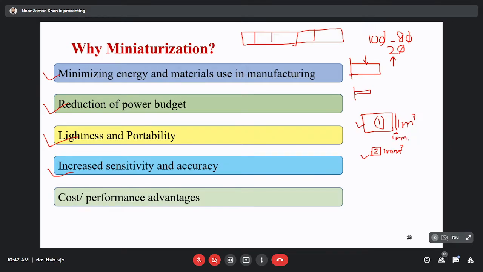Suppose you want to move a block of 1 meter cube by 1 mm, and another component of 1 mm cube also has to be moved by 1 mm. The size of the component is different. Component number 1 is 1 meter cube. Component number 2 is 1 millimeter cube.